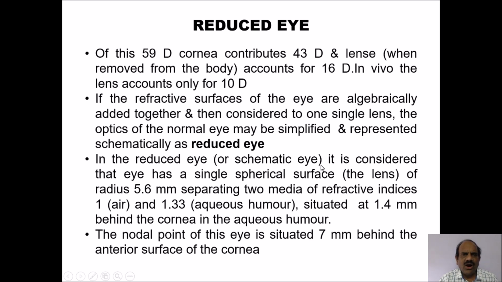In the reduced eye or schematic eye, it is considered that the eye has a single spherical surface, that is the lens, of radius 5.6 mm, separating two media of refractive indices, 1 for air and 1.33 for aqueous humor, situated 1.4 mm behind the cornea in the aqueous humor. The nodal point of this eye is situated at 7 mm behind the anterior surface of the cornea.